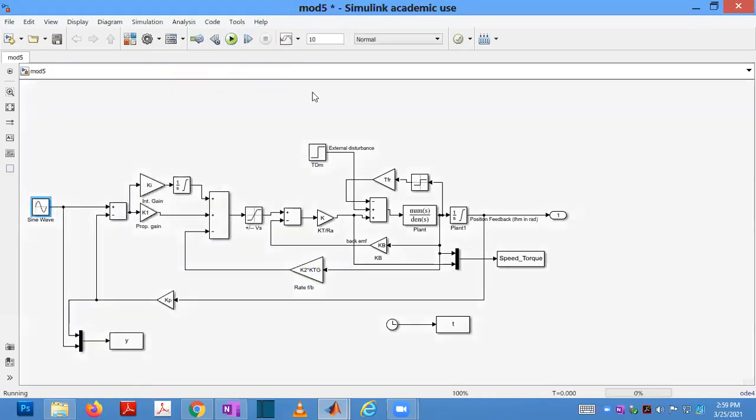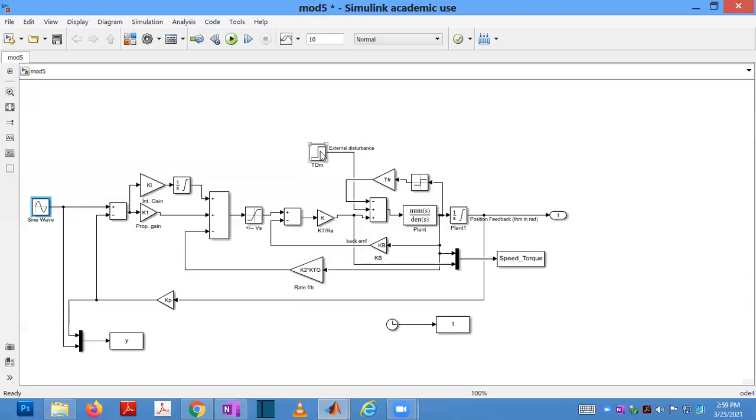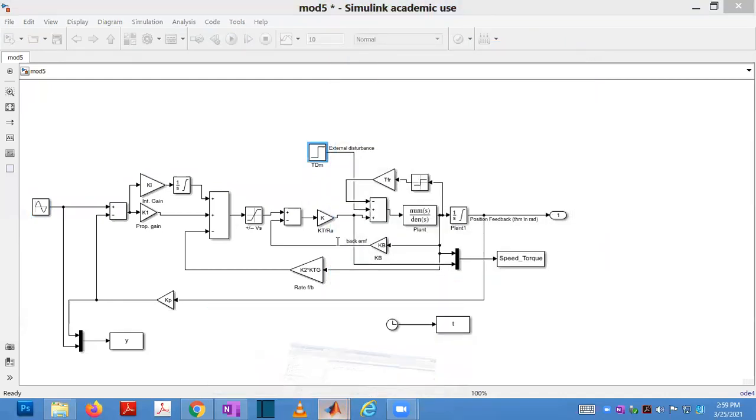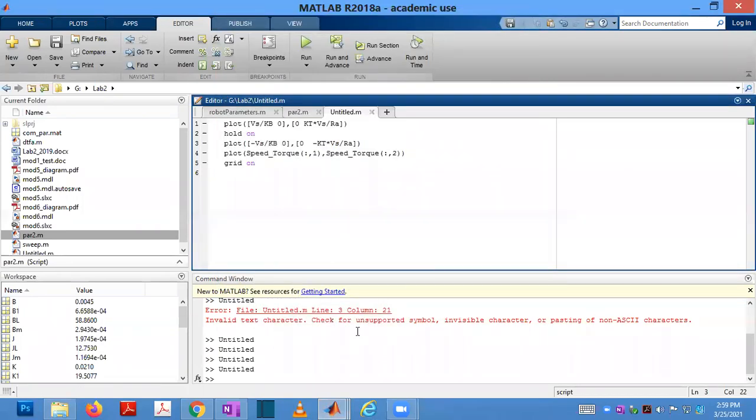Then simulate it, and the disturbance will be 0 here, and you can plot this command. For 10 percent you can do this, and for 100 percent you have to change that and plot the same thing.